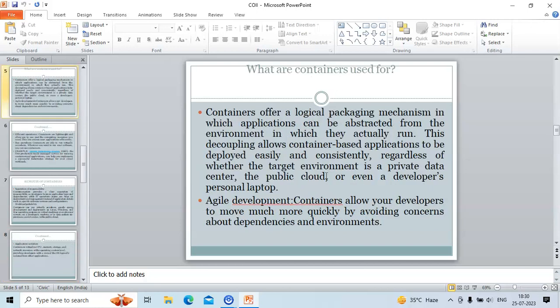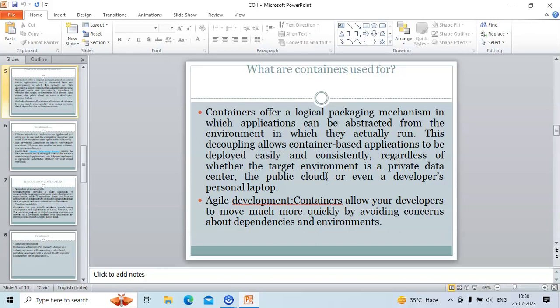Sometimes when an application is moved from one environment to another, it may fail to run correctly. Such problems typically arise due to differences in configuration, underlying library requirements or other dependencies. So here the need of containers comes, which provides you a lightweight, immutable infrastructure for application packaging and deployment.